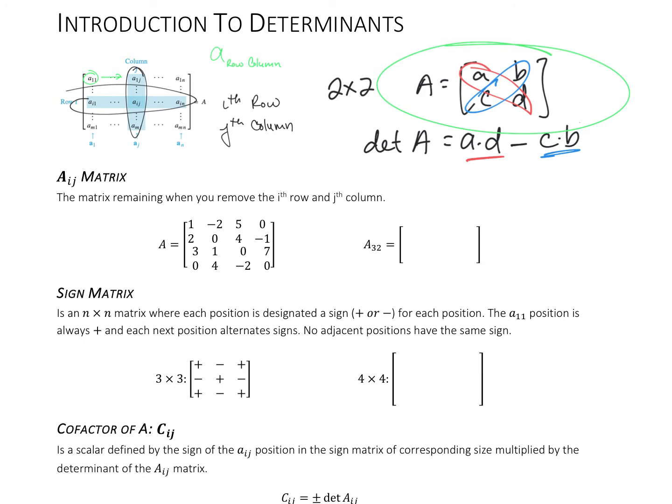The Aij matrix is the matrix that results when you remove the ith row and the jth column. Here we want to find A32, so we want to find what the matrix is when we take away the third row and the second column.